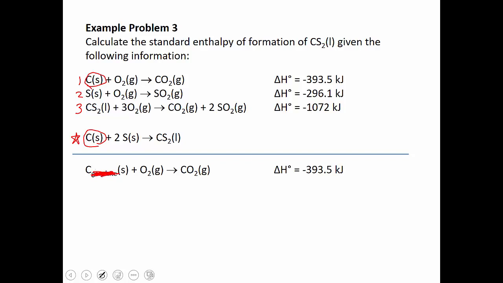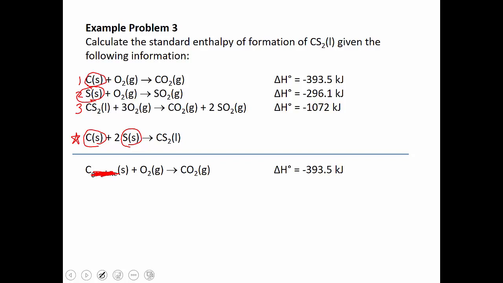So now we're just going to do step 2 and 3 for reaction 2. Let's look for a substance that is in both this reaction 2 and our final reaction, and that's going to be our sulfur. So our first question we ask, is it on the correct side of the equation? Yes, it's a reactant and we need it to be a reactant. Second question, is the coefficient correct?